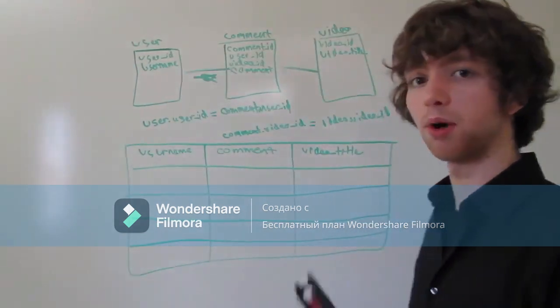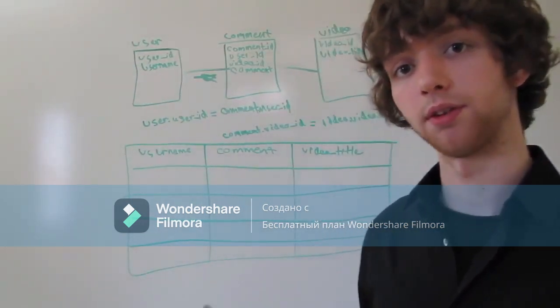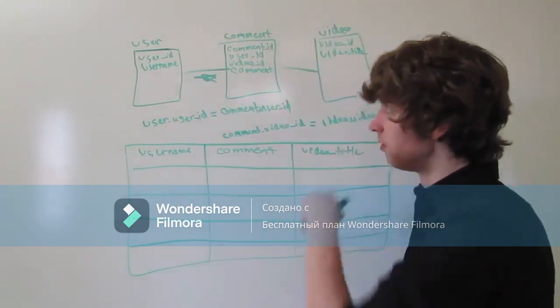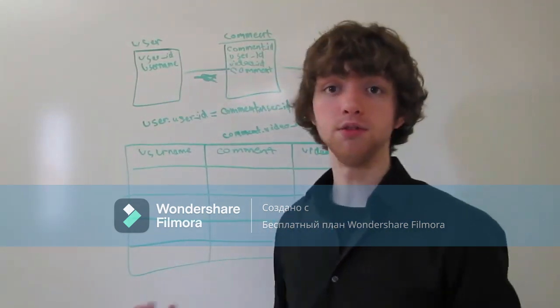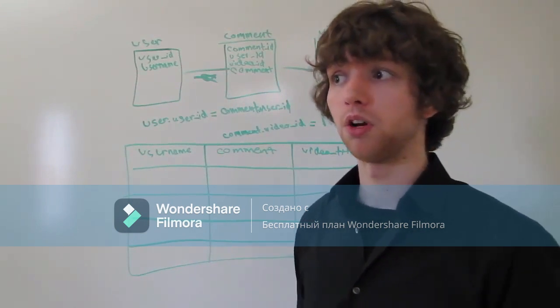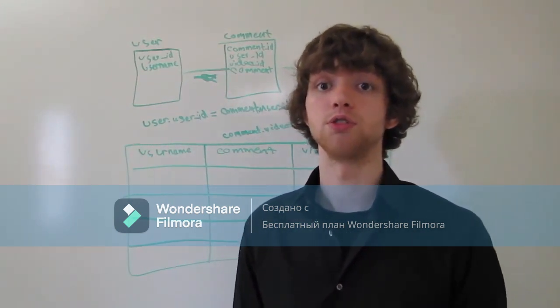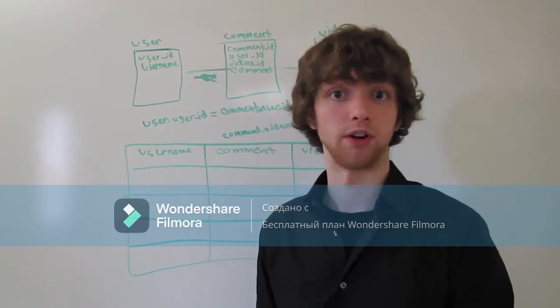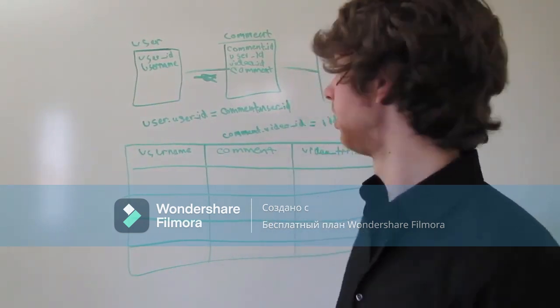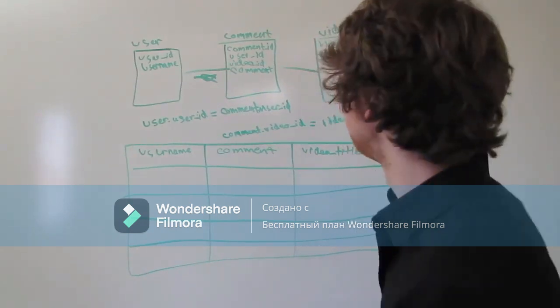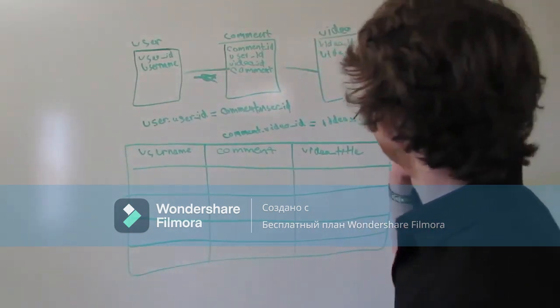Well, let's think about what can be excluded from this, so then we can decide which ones actually will be excluded. Well, let's just ask questions. Can a user be excluded? Well, if we're using an inner join, we're only going to return users that posted a comment on a video. So yes, any user that did not post a comment will not be included. Now what about videos?